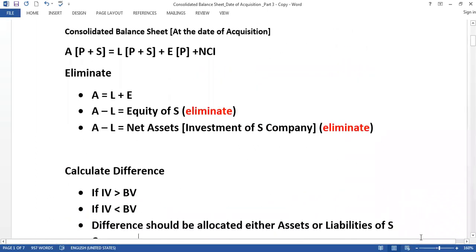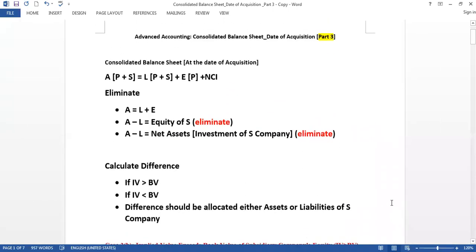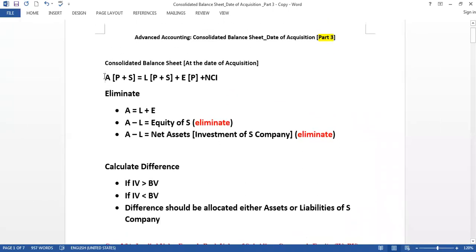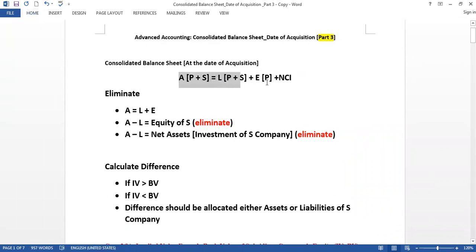So this is actually the summary of this chapter. This is the consolidated balance sheet. We have to prove it. Assets of the parent company plus assets of the subsidiary company, plus liabilities of the parent and liabilities of the subsidiary. And for the equity, only the parent's equity.